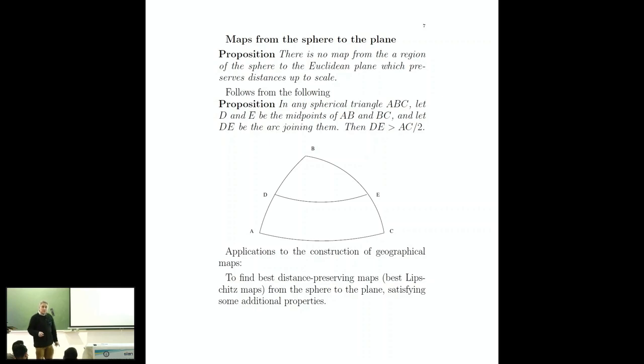In Euclidean geometry, if I take a Euclidean triangle and then I take the line joining the midpoints, then I get an equality: DE is equal to half of AC, right? In spherical geometry, there's a strict inequality. Whatever triangle you take, big, small, whatever angles, it's always greater.